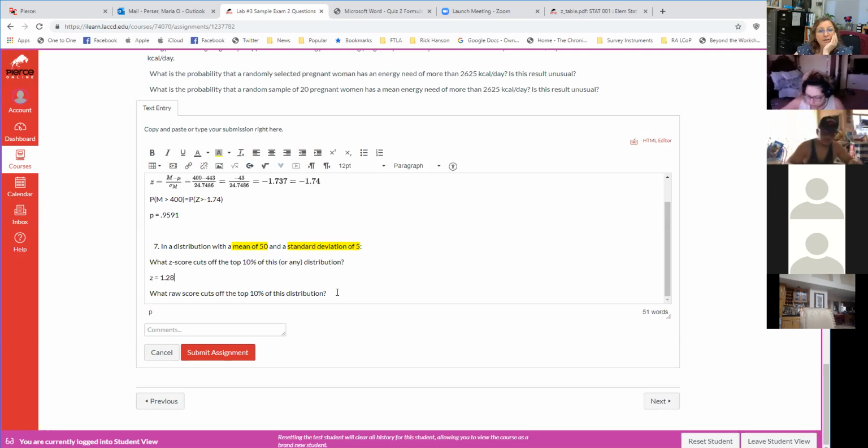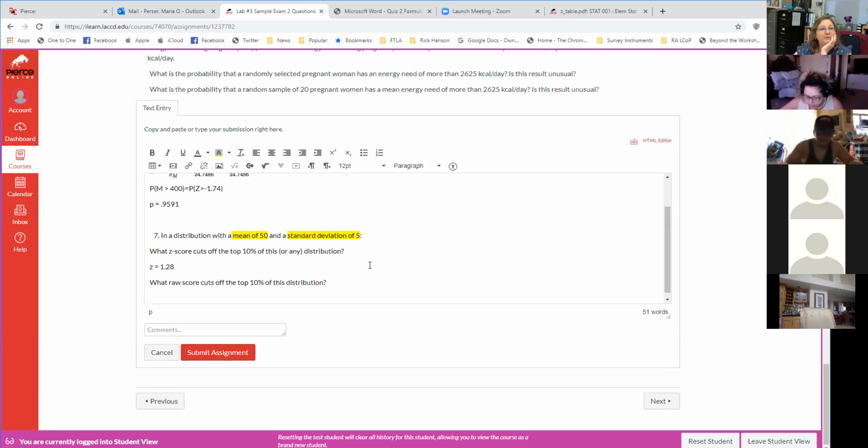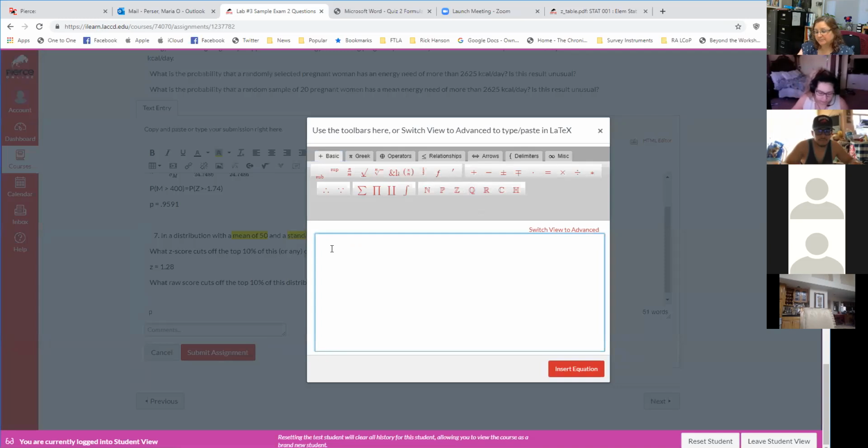And then the raw score, so what's the formula for the raw score? What's another word for raw score? I have to go through my notes because I always put it in the little PowerPoints.